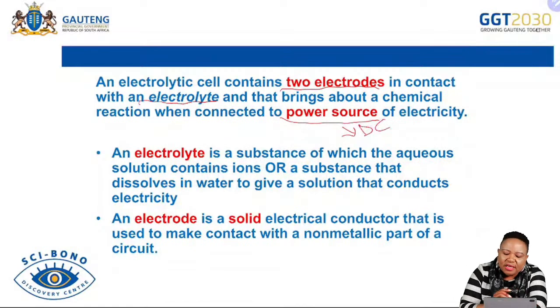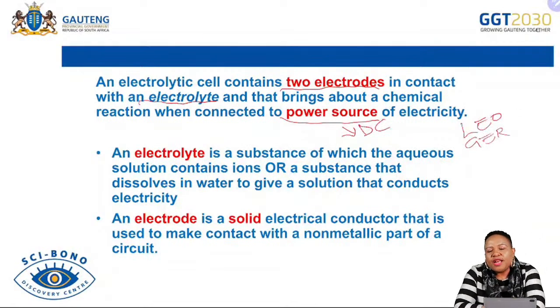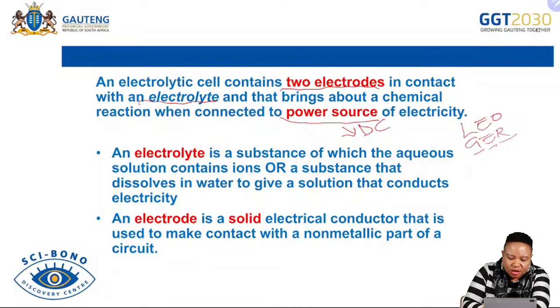Because we remember, according to our LEO GER that we did last week, when you talk about the loss of electrons, you talk about oxidation, and when you talk about gain of electrons, you talk about reduction. So that is the main reason why we need to use a DC power source, in order for our electrons to travel in one direction.